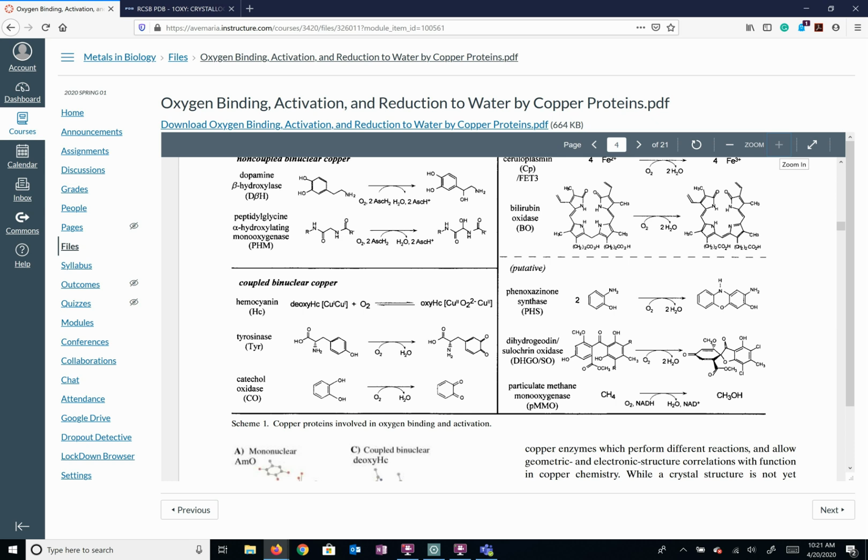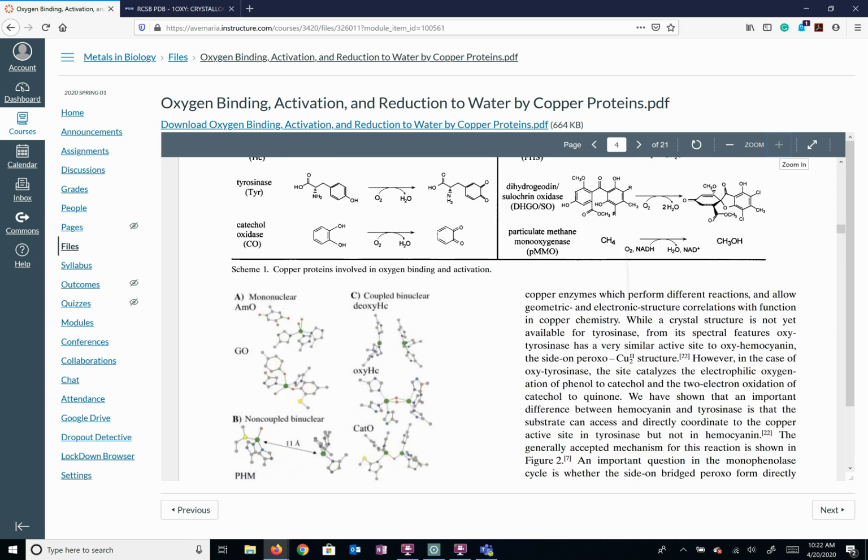With respect to it being a type 3 copper center, it binds oxygen, and then the oxygen does something. The difference is that tyrosinase and catechol oxidase are not oxygen transport. As you can see, they're oxidase and oxygenase enzymes. And I posted another article for you guys to read through about tyrosinase.